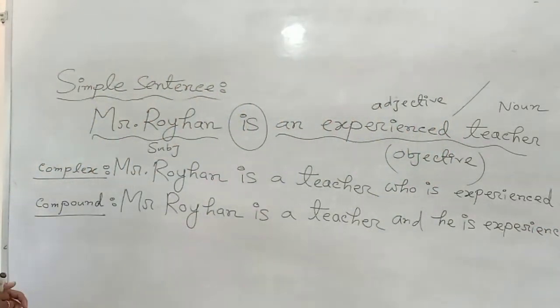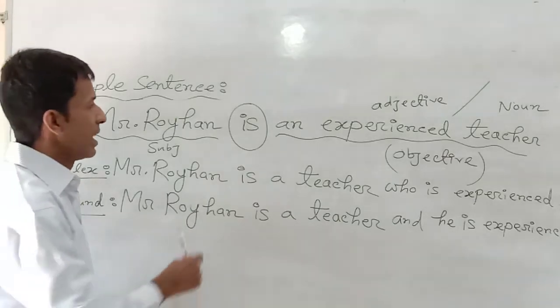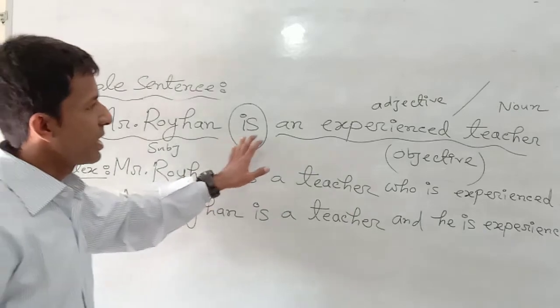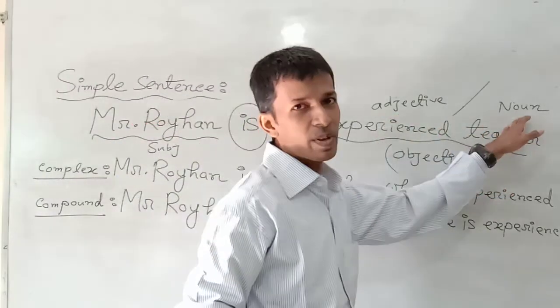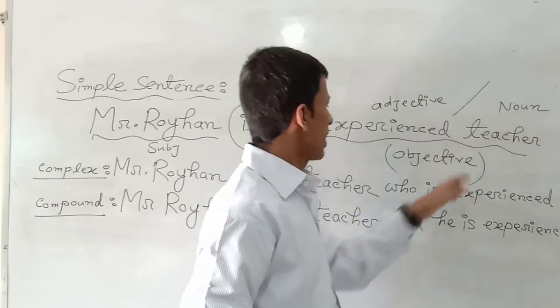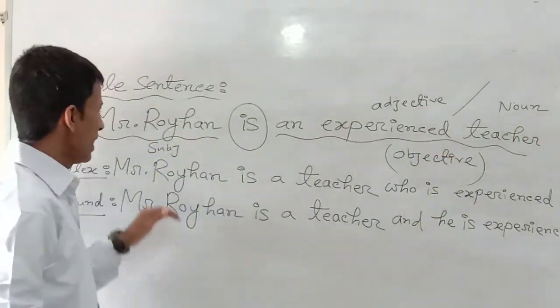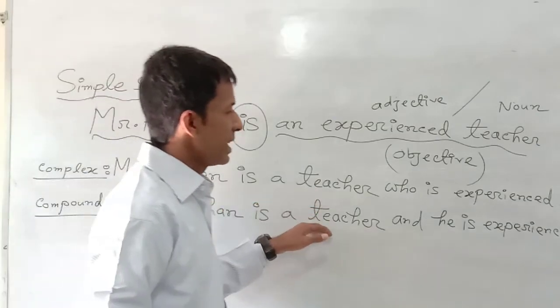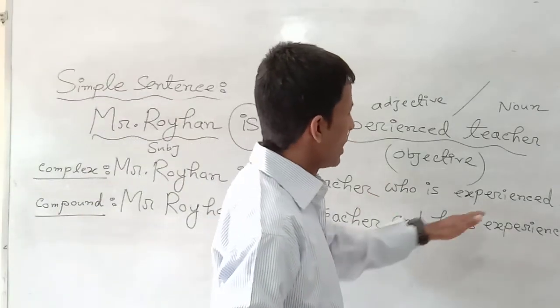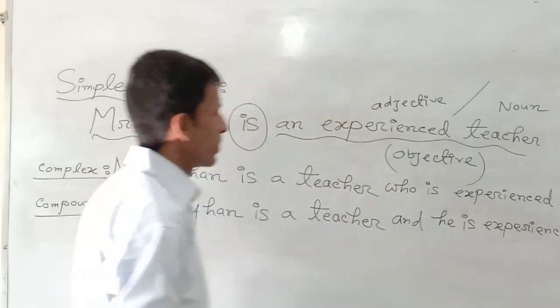So, what is the similarity between these two types of sentences? The similarity is that in the simple sentence you have already found two parts of speech side by side. One is adjective and other is noun. But these two parts of speeches are divided into two parts. In the independent clause, it has contained the noun, and in the next clause, it has found adjective.